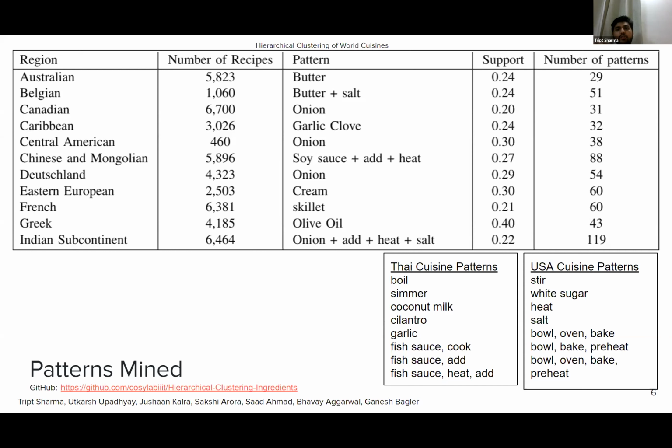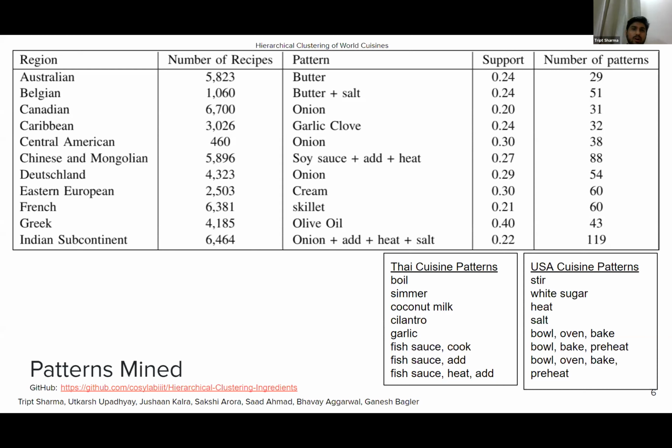Please note that the patterns are not only combinations of ingredients or processes or utensils. The combinations that we have generated here combine all of the three substructures. For example, in the US cuisine, the pattern that we have identified is boil, bake, and preheat.